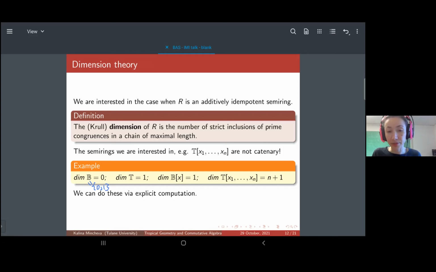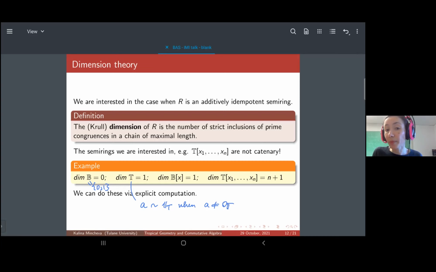Why is this dimension 1? Because there's a unique congruence that sends everything that's not infinity to 1. Here we have this congruence, a is congruent to 1 when a is not 0, and that's why we have dimension 1.